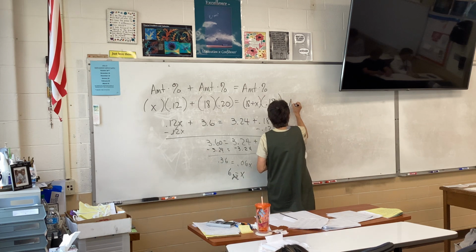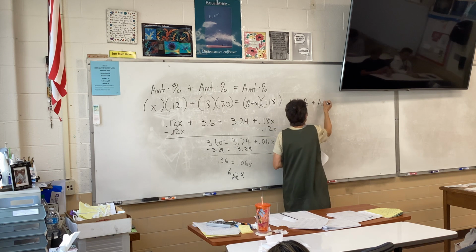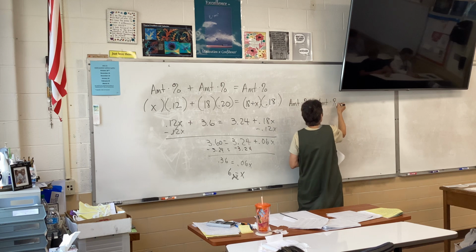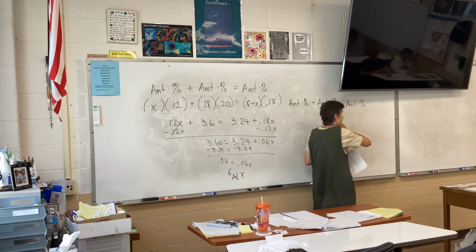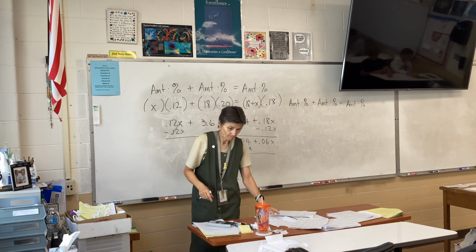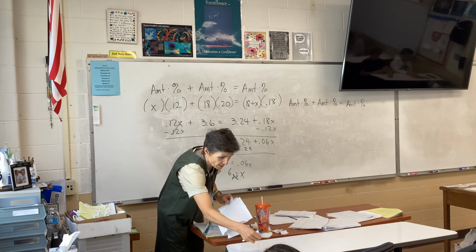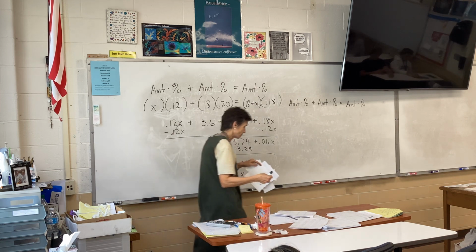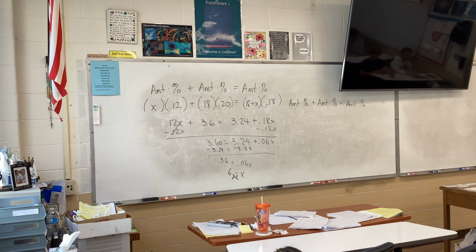All right, so I'm going to start with my setup. Amount times percent plus amount times percent equals amount times percent. That setup will never lead you astray. You will always be able to do the problem with that setup. Okay, what did we do next then?